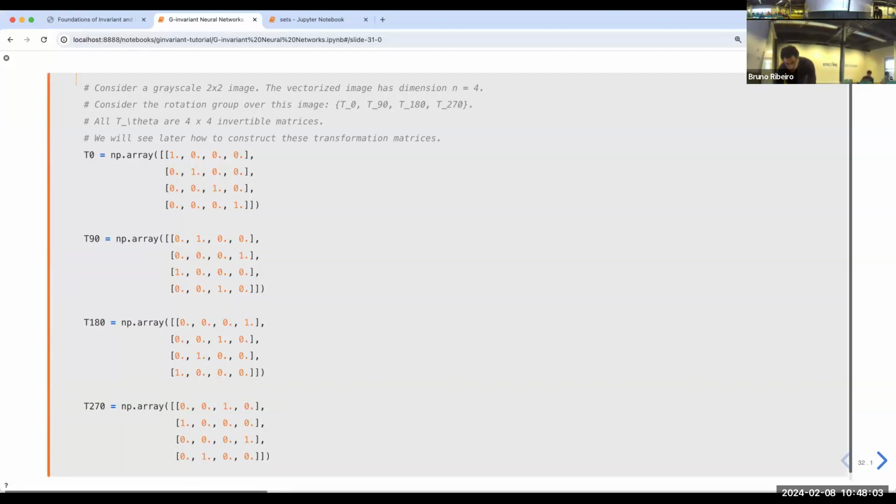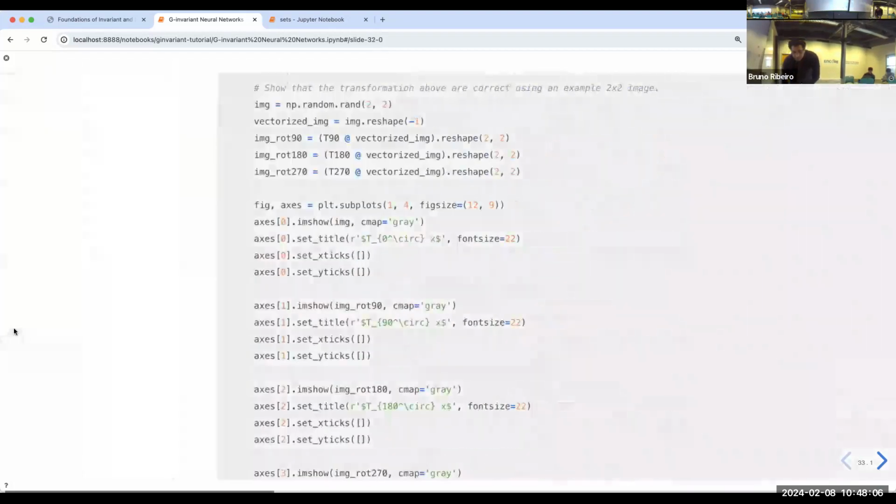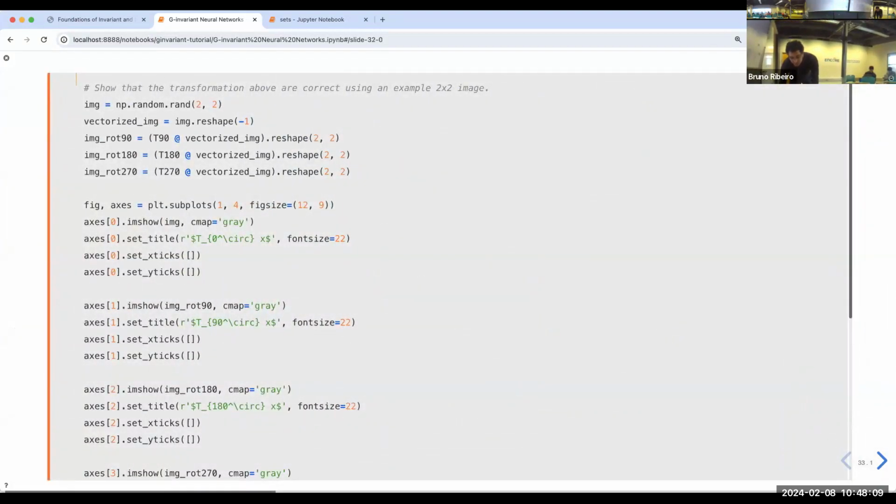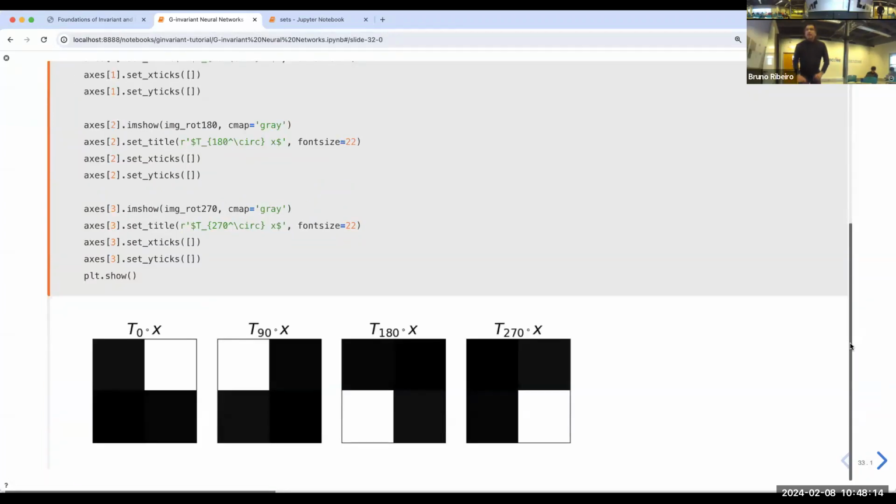What I am going to show you now is, if I have image X, I am applying the identity to the image X, as a vector. And this is my image, it's just one white pixel. And now I rotate 90 degrees with those matrices, and you can see the rotation 180, 270. So these are the transformations.